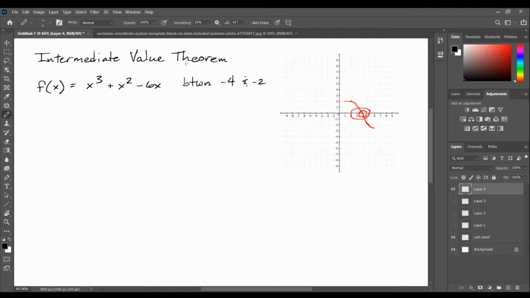So is there a real zero between there? Well, let's go ahead and test both of those. We'll find f of -4.